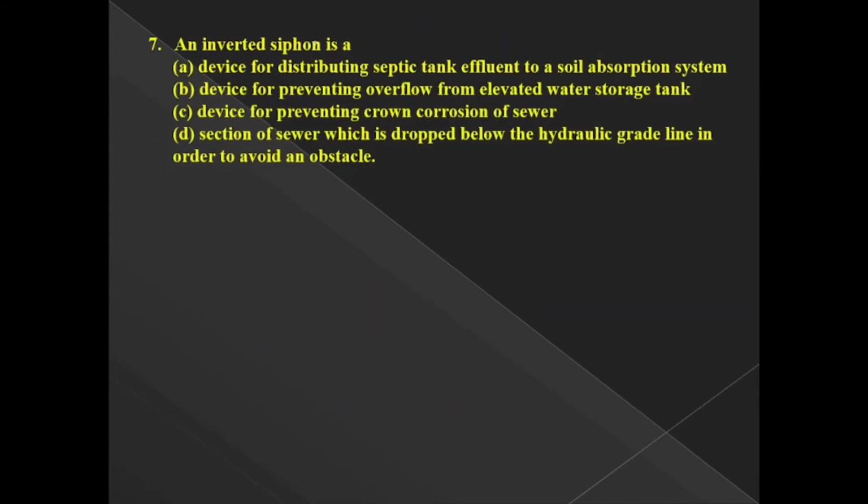So our next question, the seventh question, is: an inverted siphon is a, as we had discussed in our theoretical portion, inverted siphons are also called depressed sewers. We had discussed or not? So inverted siphons are also called depressed sewers.